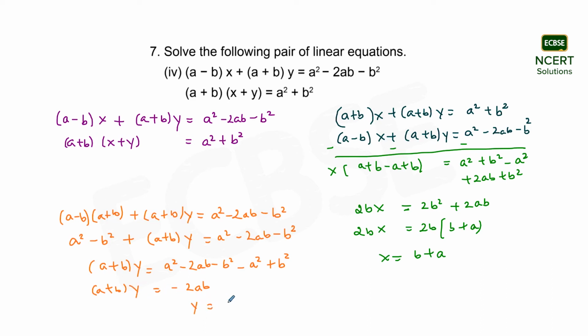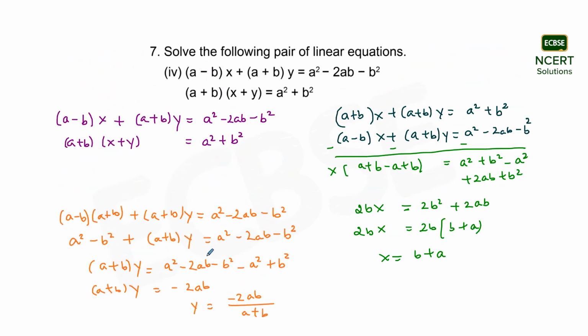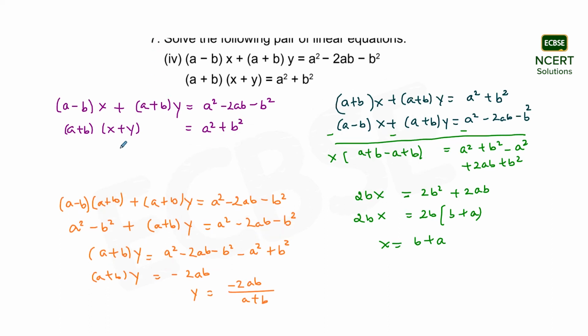And from here, y comes out to be equal to minus 2ab divided by (a plus b). So these are the values for the variables x and y respectively for part 4 of question 7. I hope this is clear to all of you.